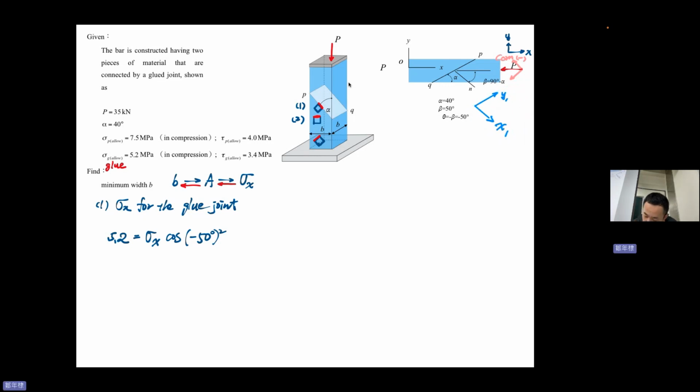Okay, and here should be shear, but in negative, because this x1 positive surface and downwards negative y1 surface. So in this case the surface minus 50, normal and shear are both negative.